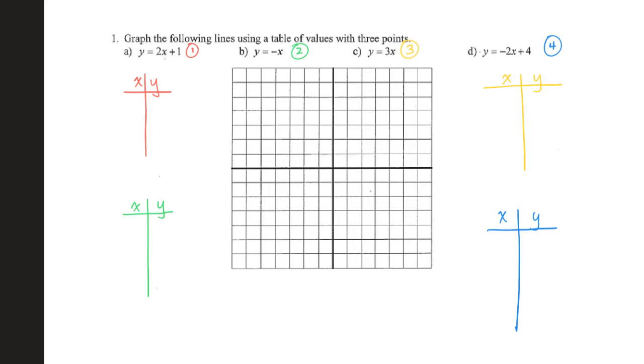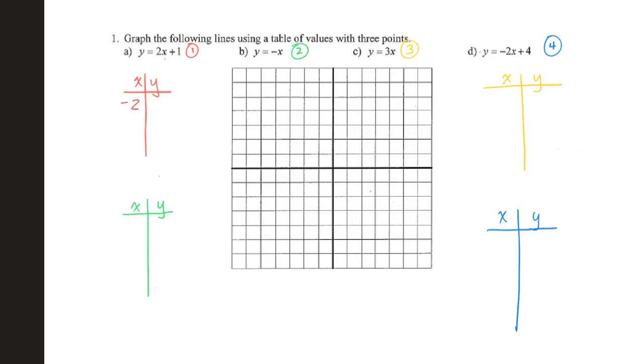So maybe what I do is select a negative value, my easiest number to sub in, and maybe an easy positive number. This is what I want to make sure we're good with on my reasoning for 3 points.